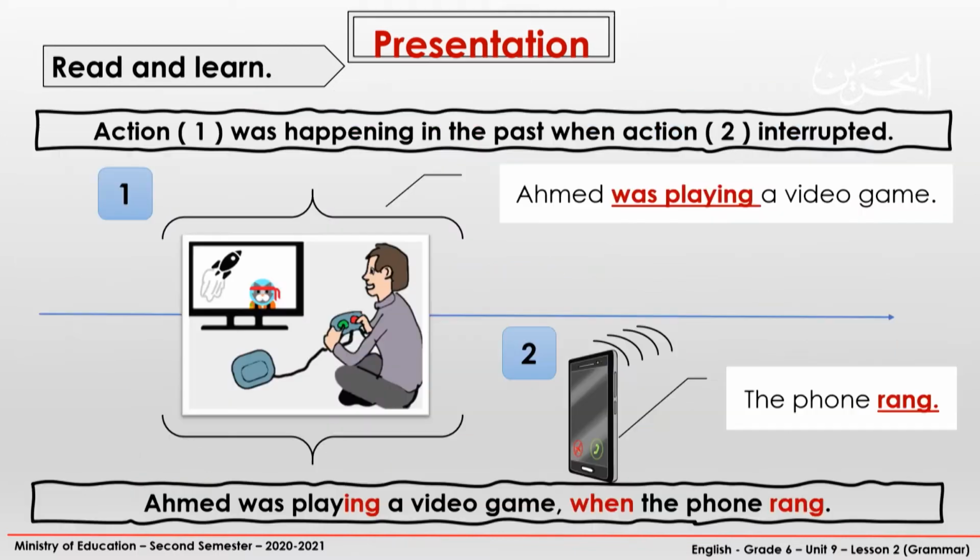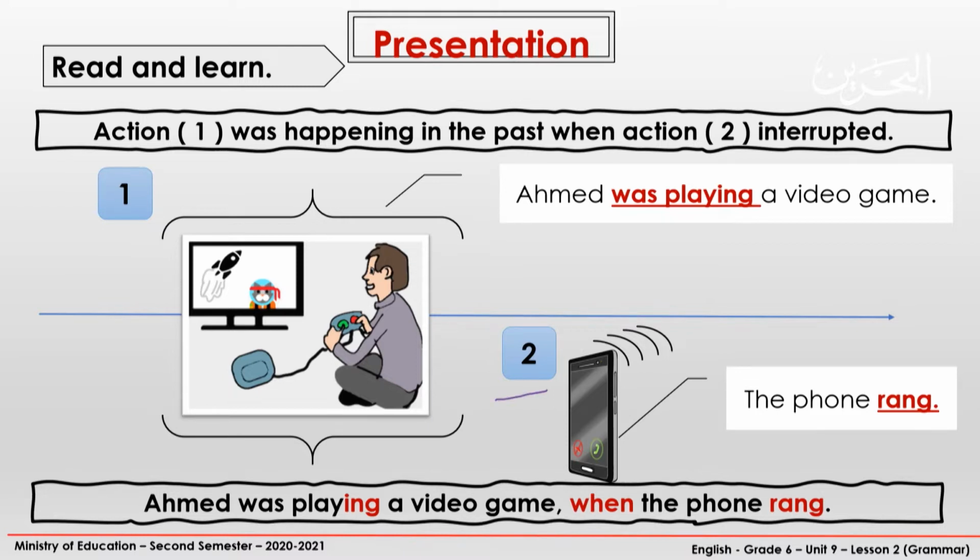Okay? Now I want you to read action 1 and action 2. In action 1, what was happening in the past when action 2 took place? Let's see. Ahmed was playing a video game. Action 2, the phone rang.